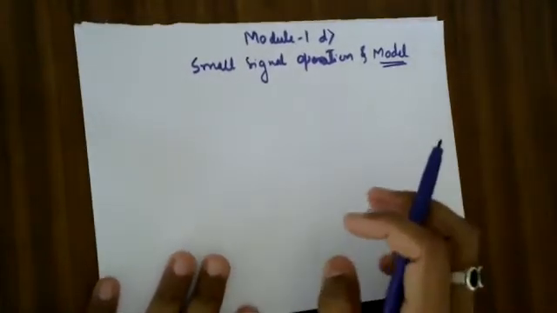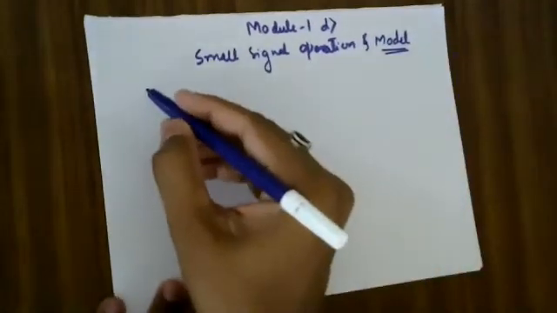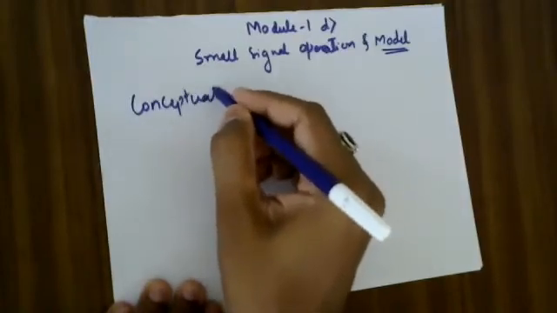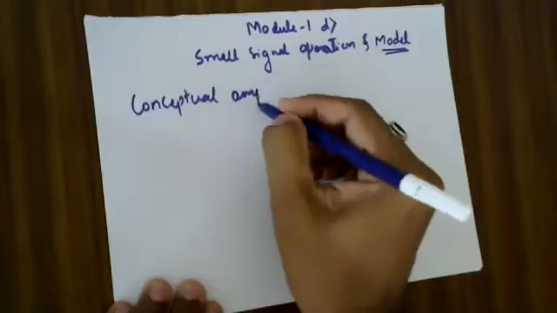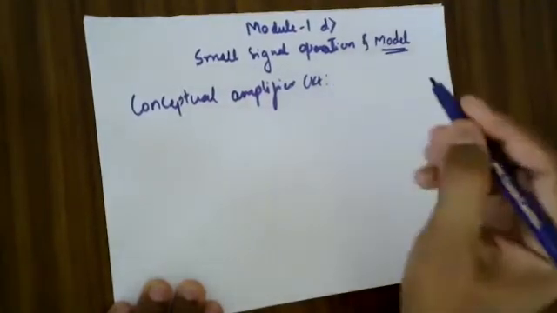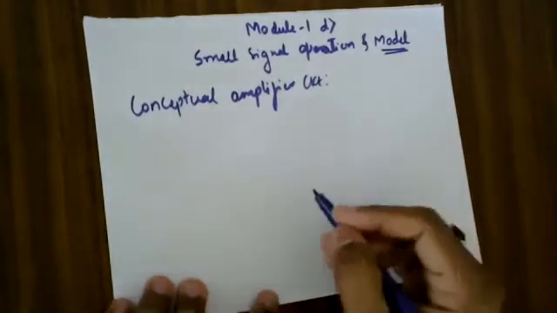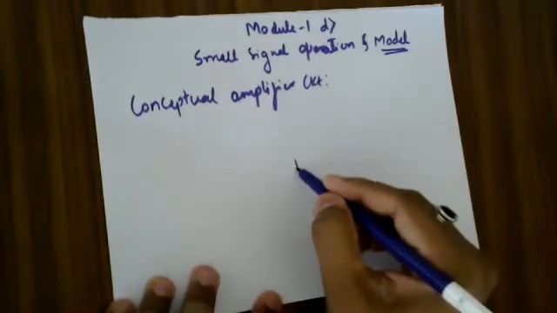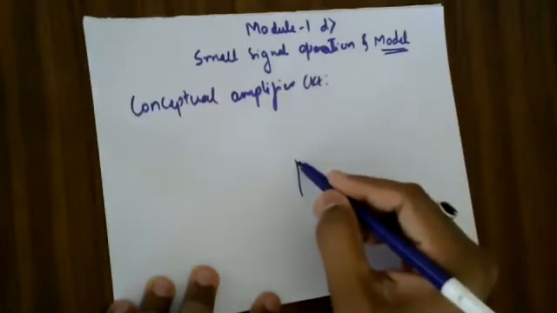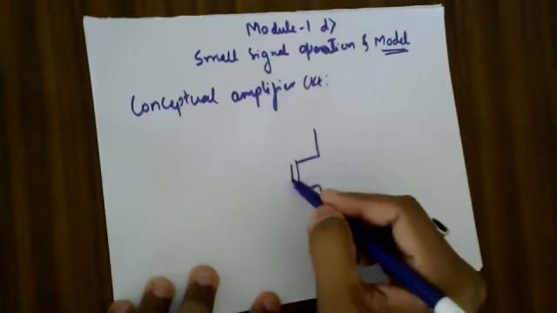Now we will consider a simple basic conceptual MOSFET amplifier circuit. In the circuit diagram, we have the gate terminal, the drain, and the source.